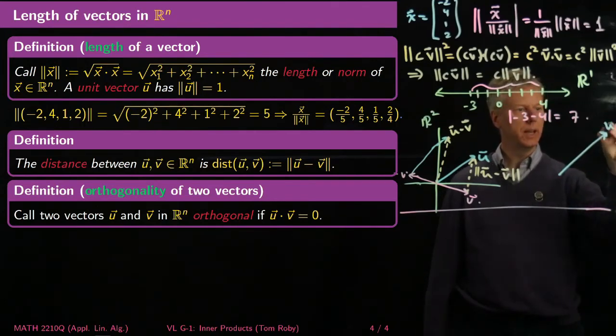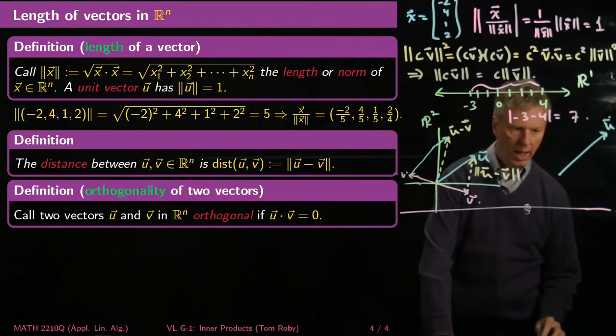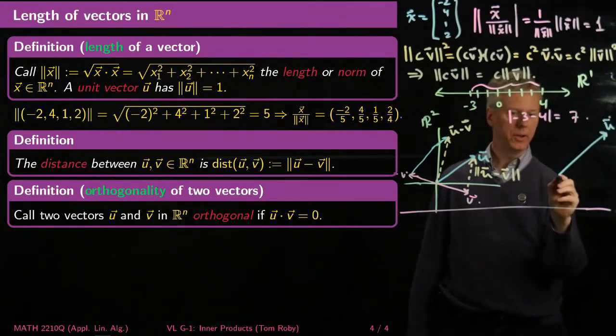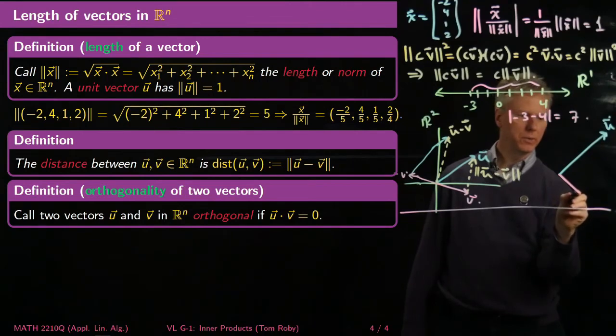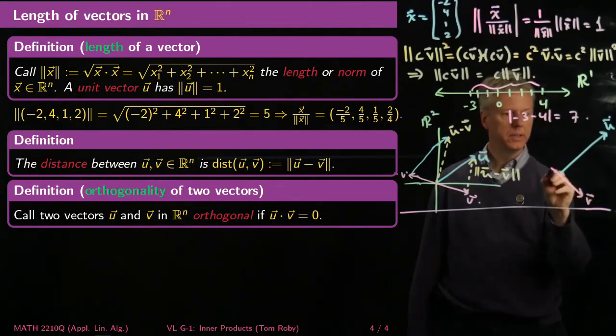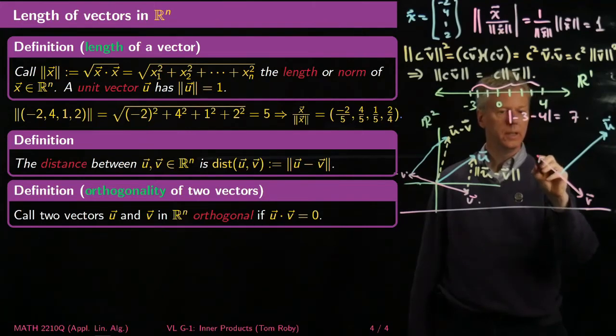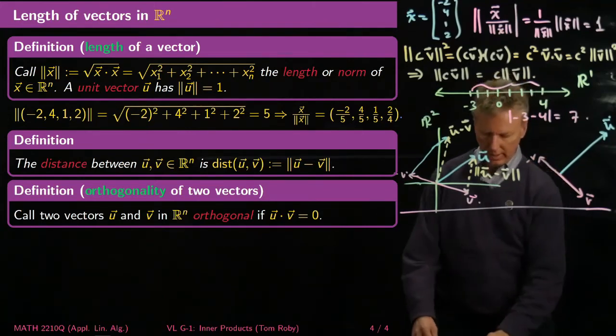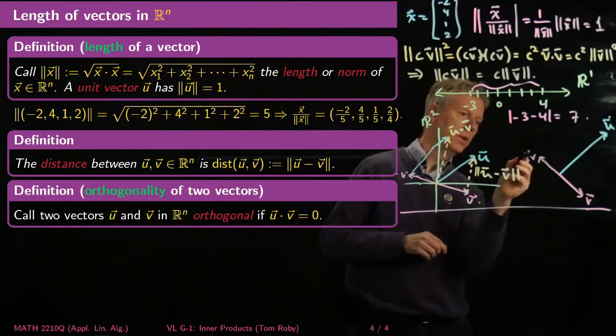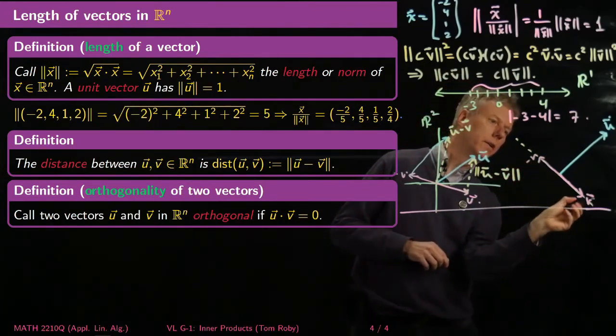So u is sitting out here. And now, what do I mean if I want it to be perpendicular? Well, if it's perpendicular, it sort of looks like that, right? So here's v, and now here's minus v.